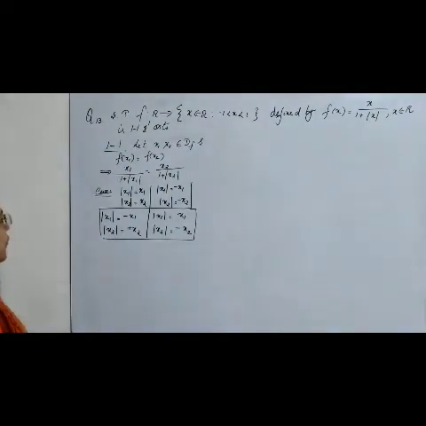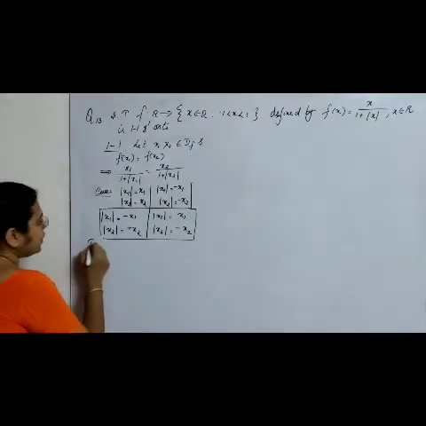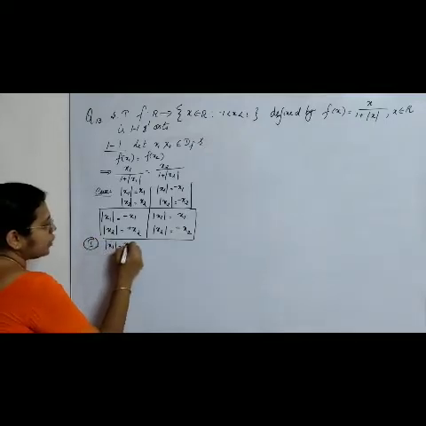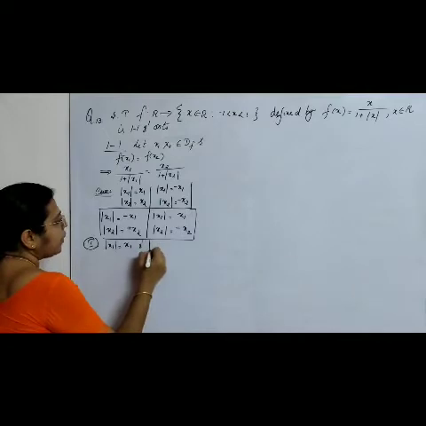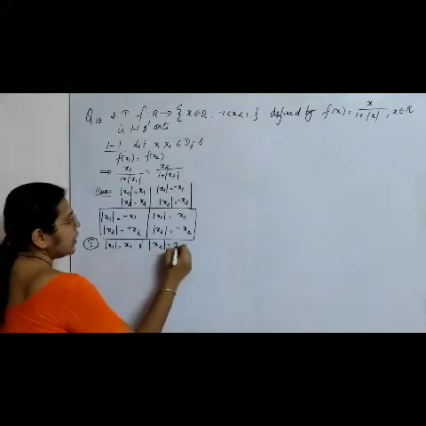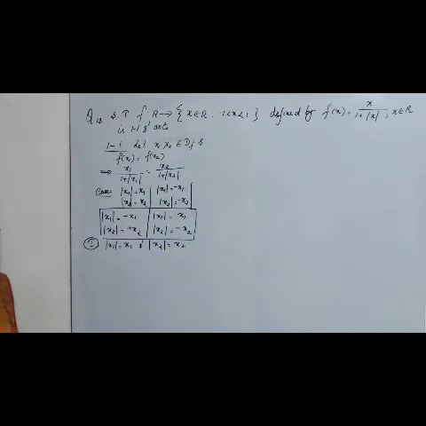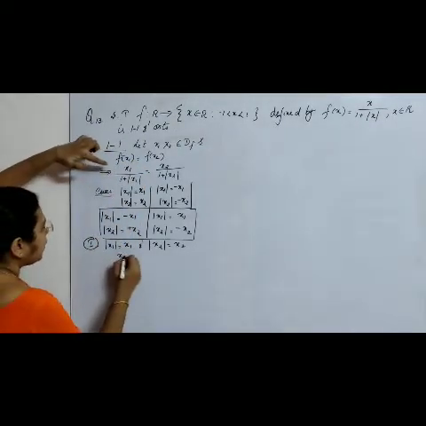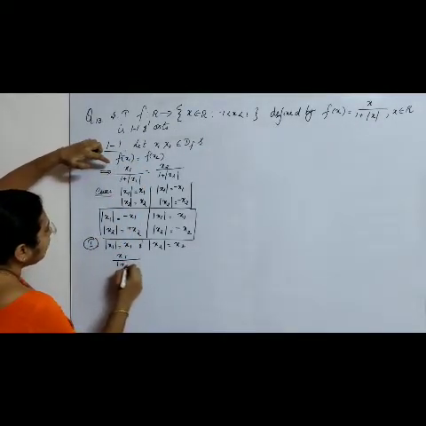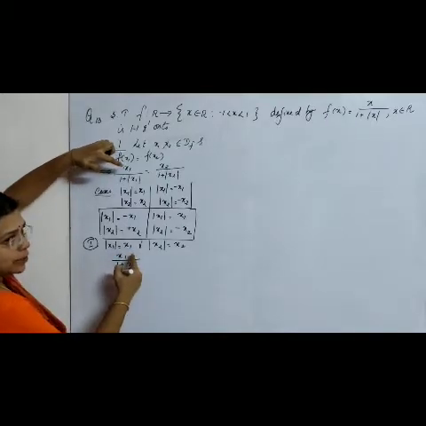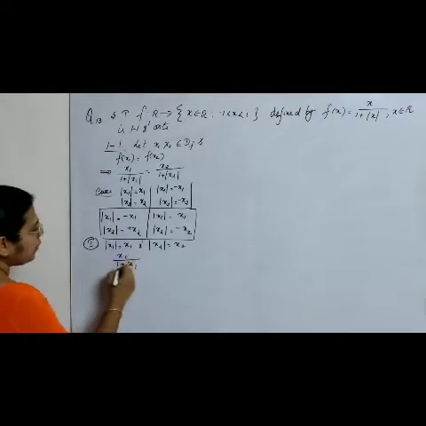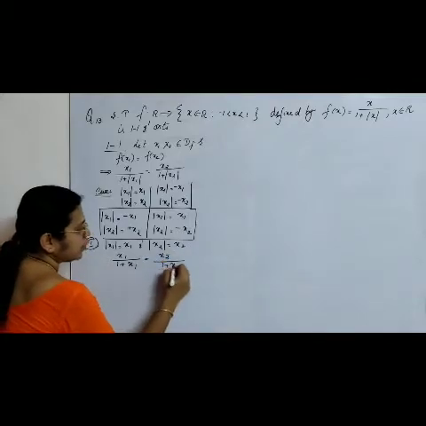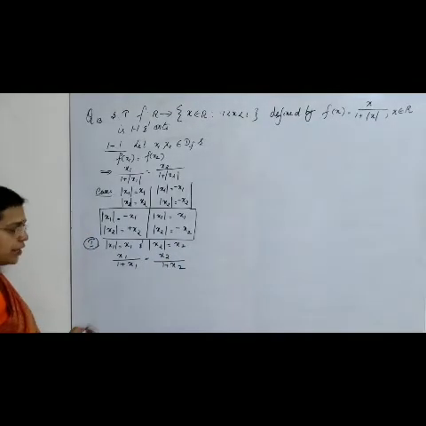So let's take the first case, where modulus of x1 is x1 and modulus of x2 is x2, that is, both are positive. So what does this function happen to be? It becomes x1 by 1 plus x1 equals x2 by 1 plus x2, because modulus of x2 is x2 itself.